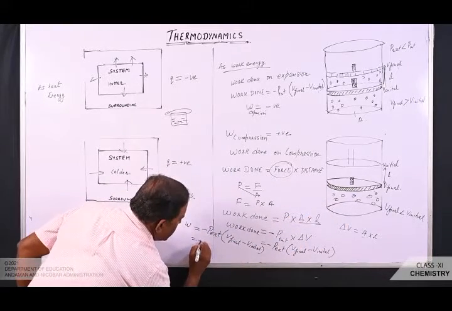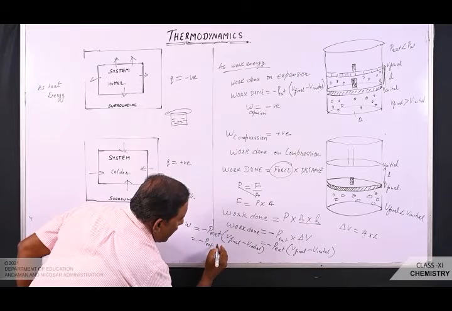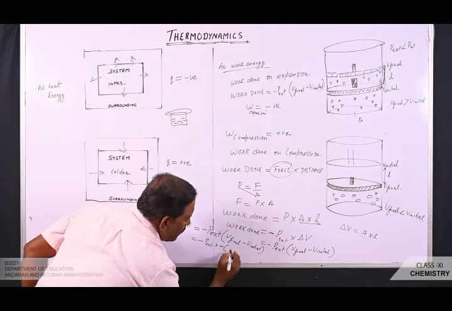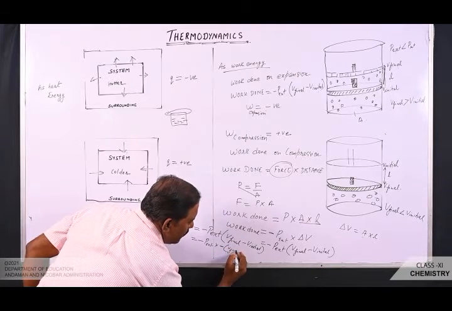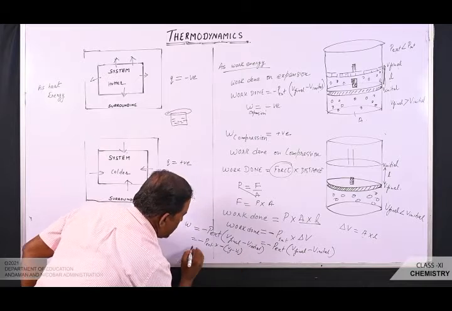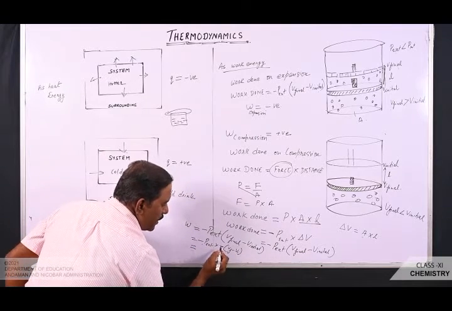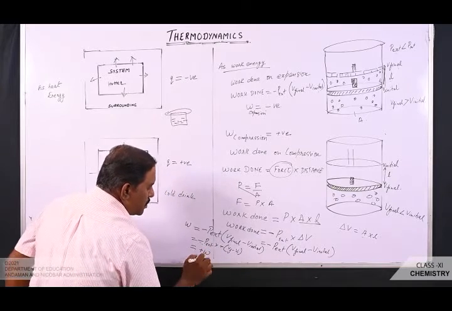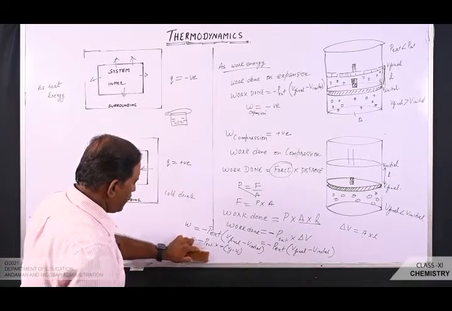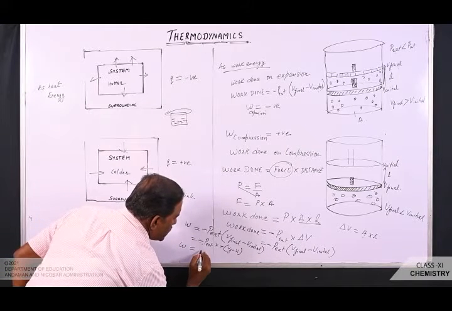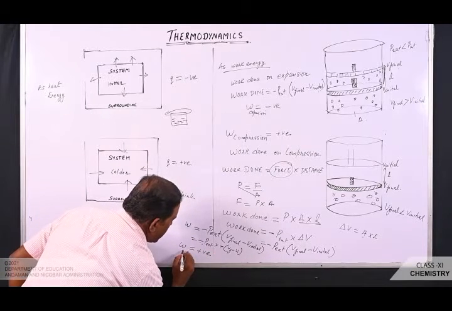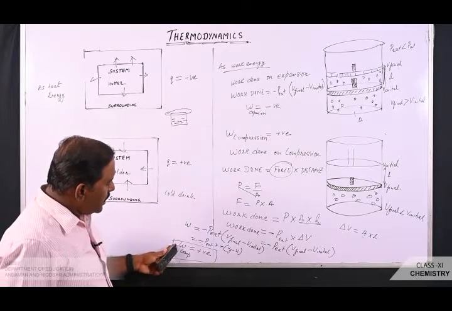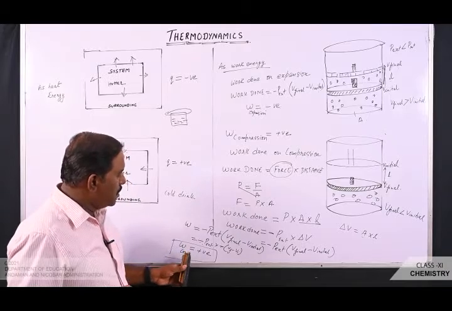So, what we will get is minus P external into minus of V final minus V initial. So, minus and minus, we will get positive, that is W is positive for compression. So, in this way we got that W compression is positive.